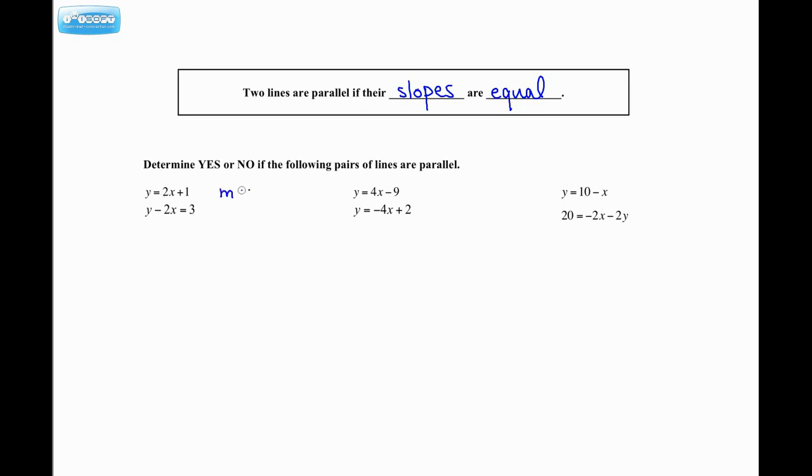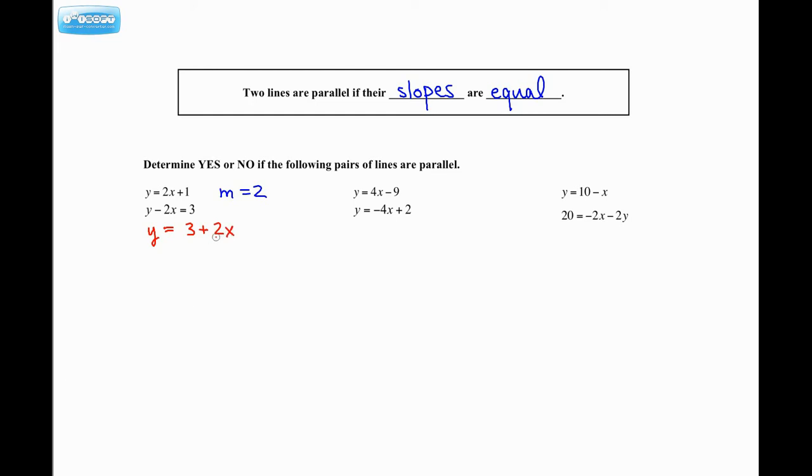M is 2. The next one, well, we can't read that as the slope because this is not written in slope-intercept form. So let's adjust that. I'm going to add 2x to both sides. So that gives me y equals 3 plus 2x. The terms are in different order, but it doesn't matter.